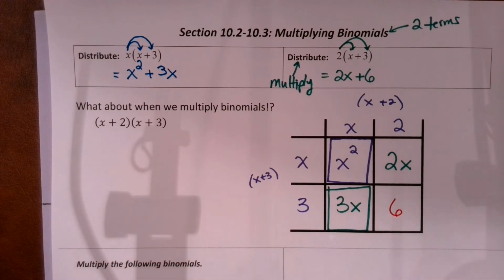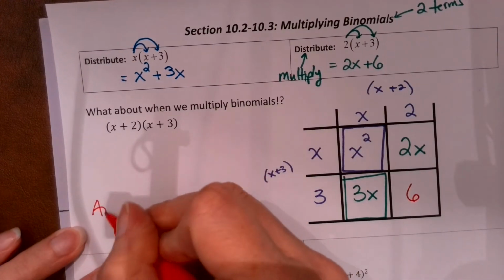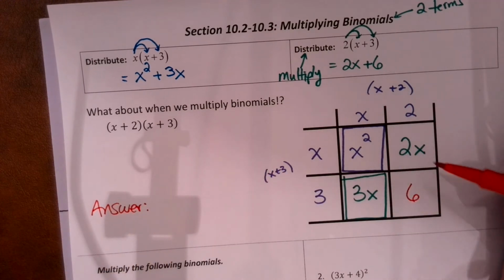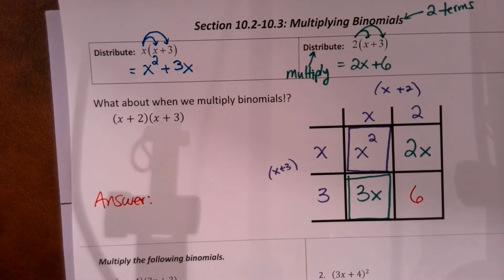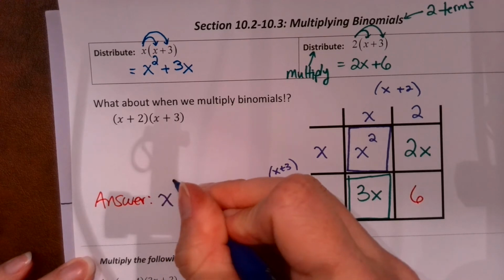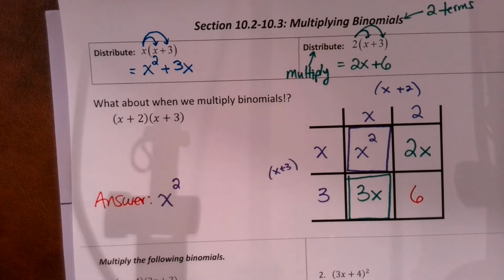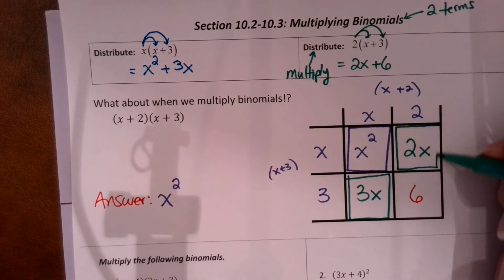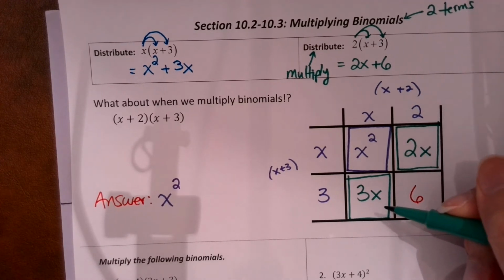So what is the overall answer going to be? The answer is all 4 of these terms, and I'm going to write my answer in standard form. So the first term I have is x squared. Now you're going to notice that this box right here is 2x and this is 3x.